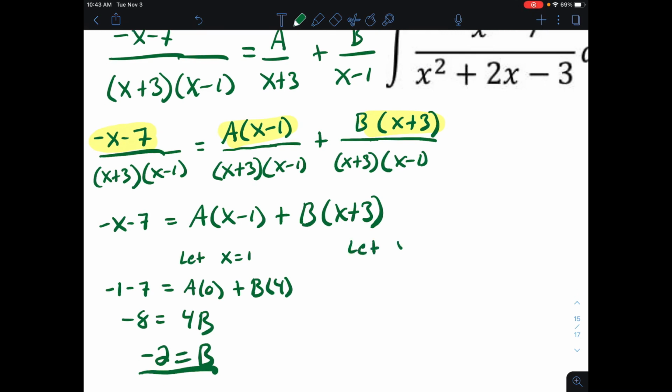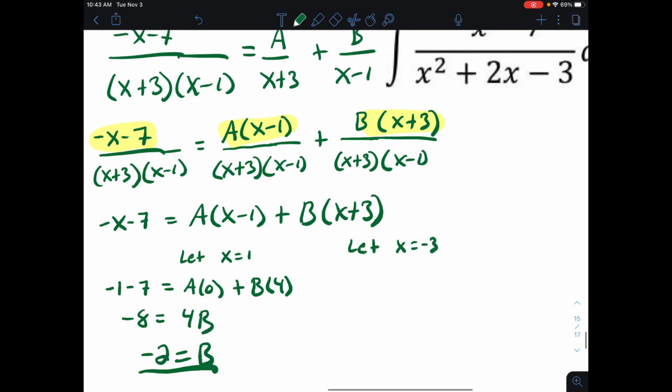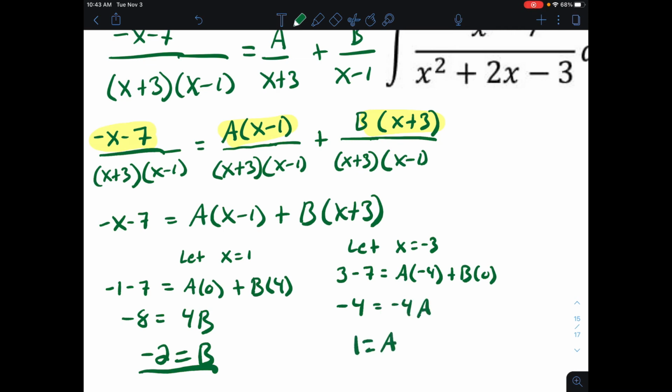So we're going to let x equal negative 3 because that will zero out the b part. And we're going to put negative 3 in. So we would have negative 3 minus 7 is equal to a times negative 4 and then plus b times 0. Well, we would have negative 4 is equal to negative 4a. So a is equal to 1.